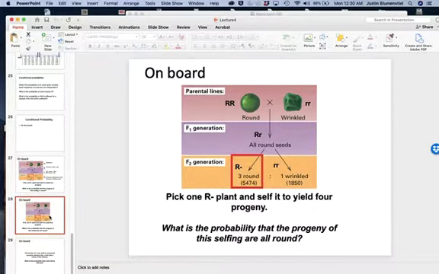Okay, so what is the probability that the progeny of this selfing are all round? If you picked one random plant and selfed it to yield 4 progeny, I'll leave this as an exercise for you that we'll continue on.